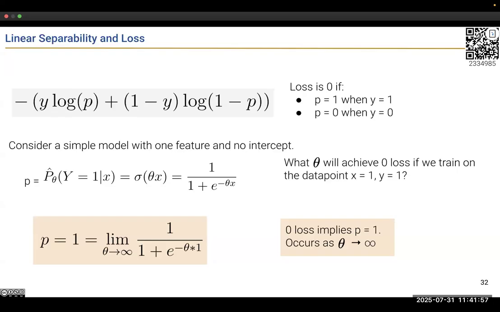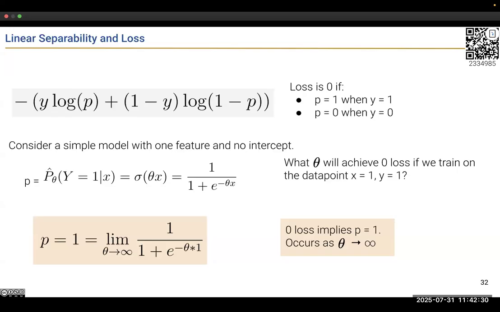But if you send theta to infinity, to arbitrarily large, the limit is 1. So theta has to tend to infinity in order for your cross entropy loss to be 0. And you can imagine, if my point is x is 1, y is 0, my theta would have to tend to negative infinity in order for my cross entropy loss to be 0.